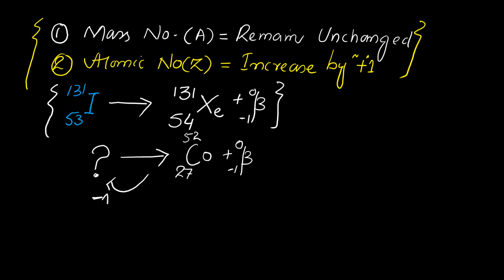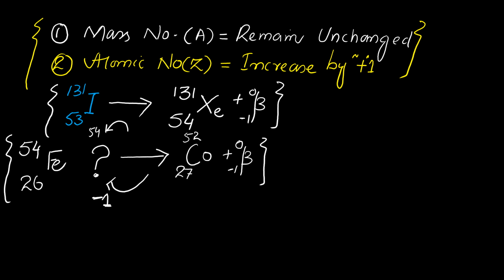It will be -1, whereas the mass number will remain the same. So the parent atom has mass number 54 and atomic number 26. Now we need to check which element in the periodic table has an atomic number of 26, and we can find very easily that it is iron. Basically iron goes through a beta decay, and during the beta decay it is converted into a daughter nuclei of cobalt as well as a beta particle.